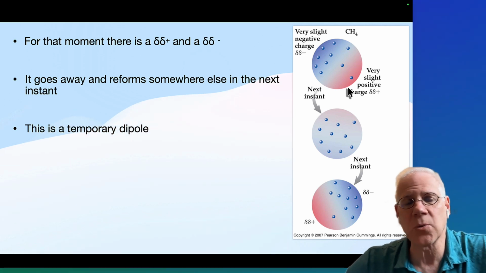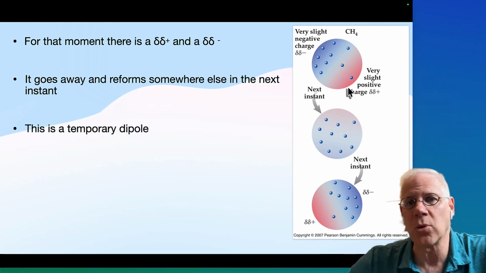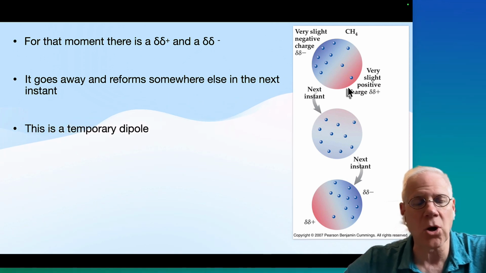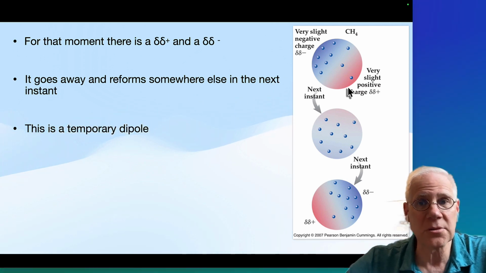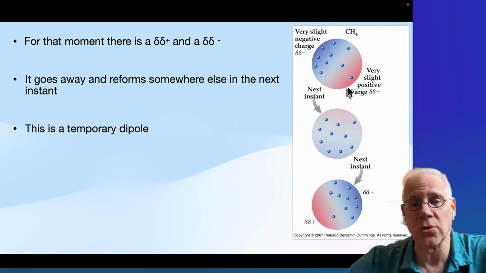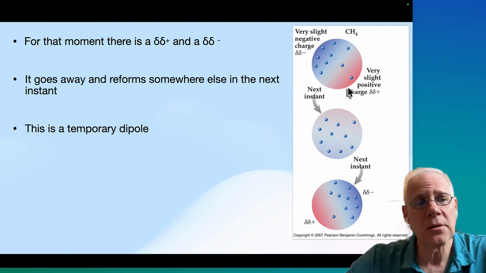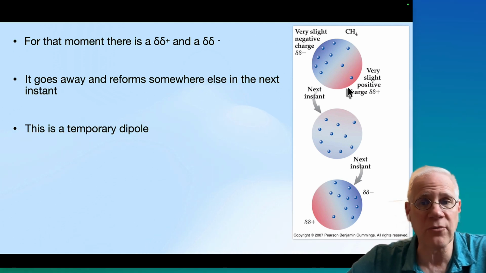And so this is what we call a temporary dipole. It's a dipole that exists for just a moment, but then it's gone, but then it reforms in a different direction. And so the vector of the dipole is constantly changing. So it does create a dipole, but it's not permanent, and it goes away and then reforms in a different direction.